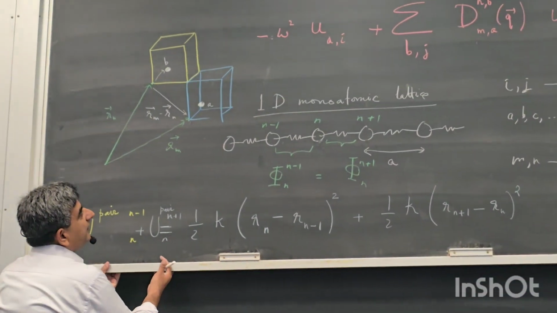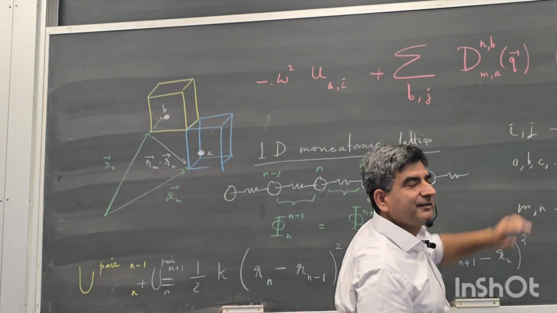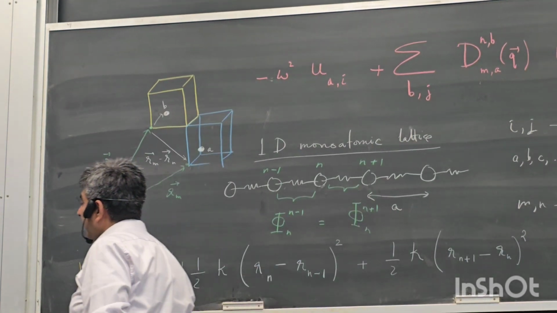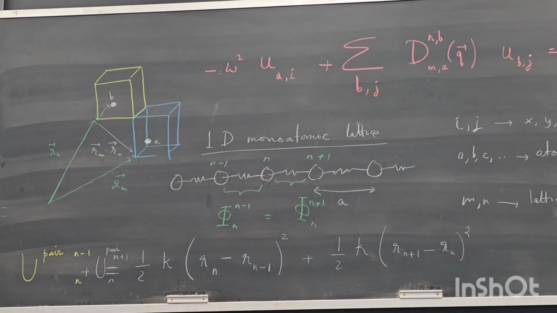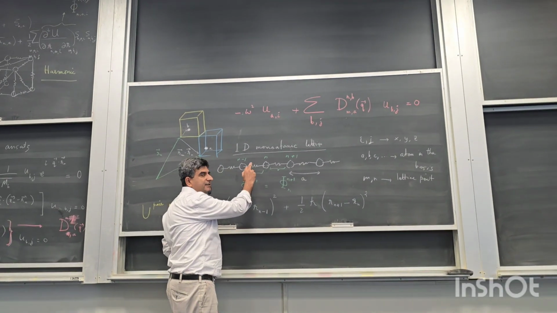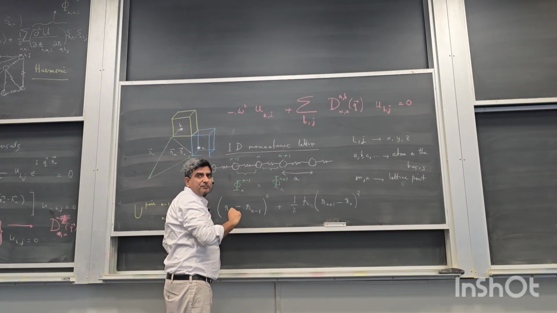If I need to find out these d's, I need to find out the phi's. My other assumption is that only nearest neighbor interactions exist. So this atom is connected to its neighboring two.